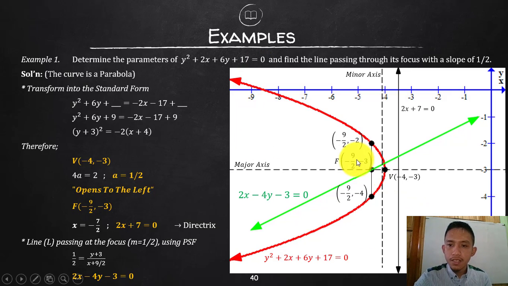That is the best way to draw your parabola manually, but since I draw this one in an application, that's it. And then of course drawing your line, this is our line, which is true because the line is passing at the focus, and if you try to get the slope of that, it should be 1 half. It is positive since that is going up. Okay, that is your example number 1.